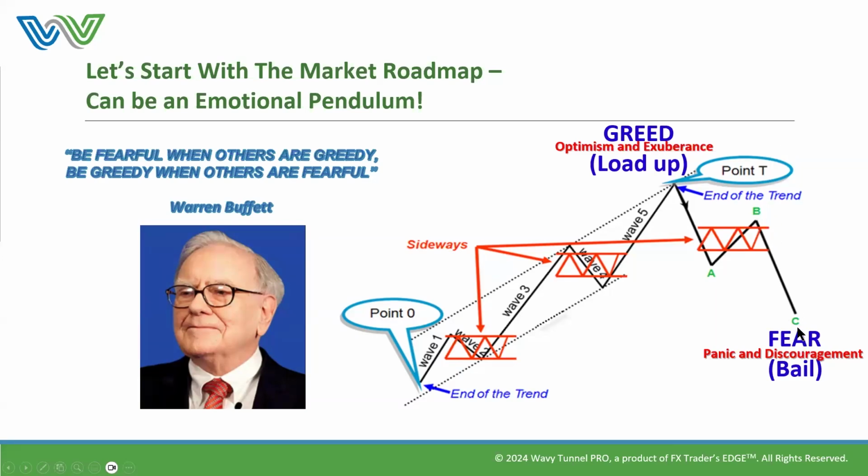And then at this point, point C, we're fearful, we're panicked and discouraged, and we bail. So I'm going to show you a bunch of charts, which I call finding point C, finding the end of point C. And we're going to need to change our brain to be greedy down here and be fearful up here, just as Warren Buffett says.